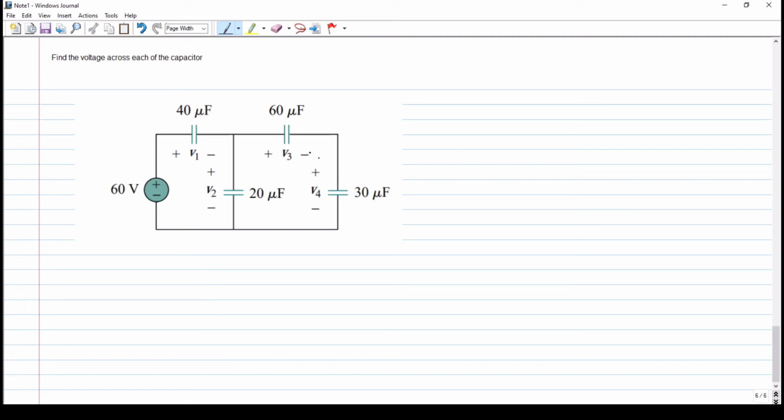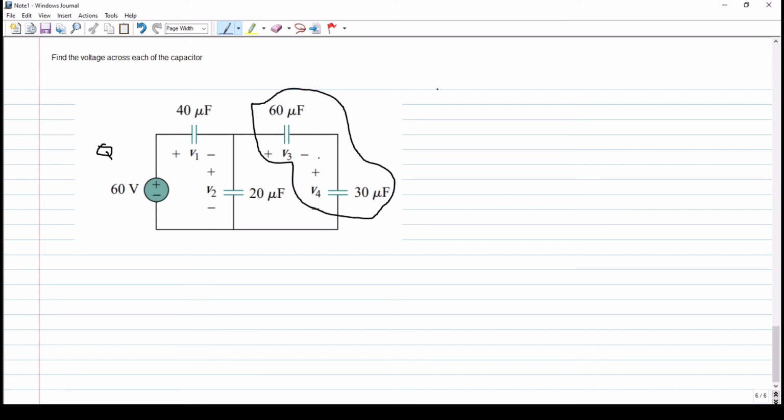Okay. So we find the charge, or the Q, which is the equivalent of the unit of coulomb. So to find that, first we take the equivalent.